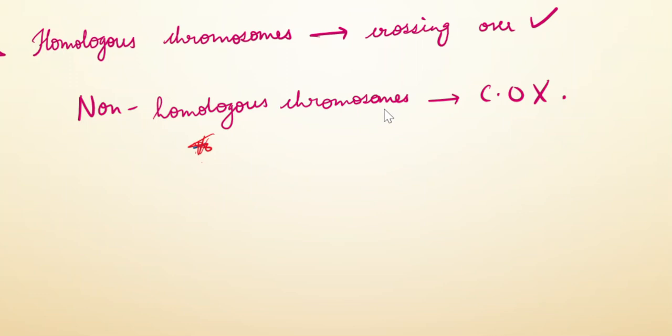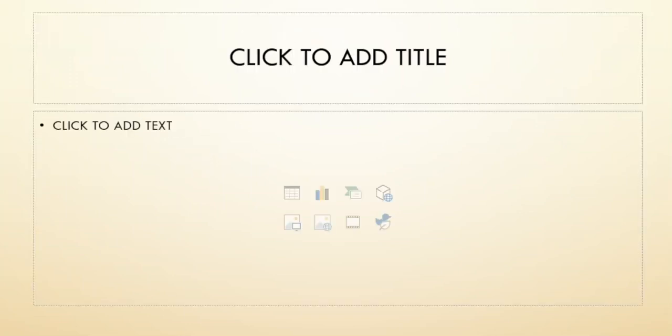So this was about the homologous chromosome that I was speaking about. I will take another slide and explain this. First we will speak about what is a gene. If we speak about DNA, deoxyribonucleic acid, this is the genetic material.